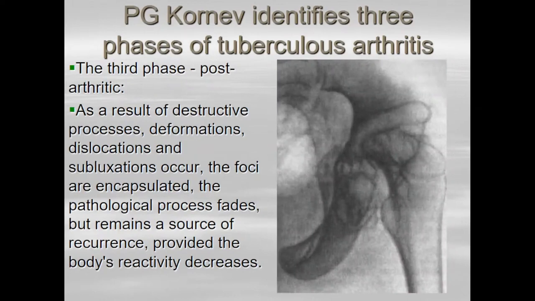The third phase is post-arthritic. As a result of the destructive process, deformations, dislocations, and subluxations occur. The cavities are encapsulated and the pathological process fades, but a source of recurrence remains if the body's reactivity decreases.